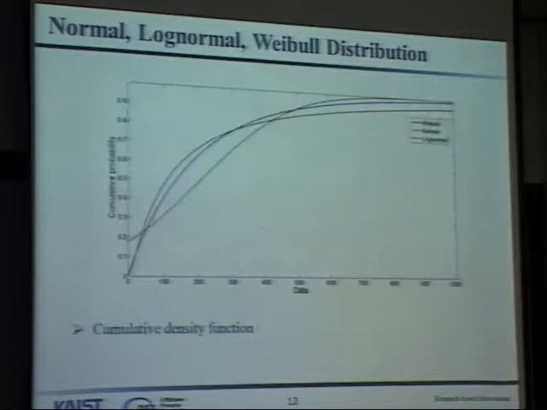And this is the cumulative distribution function, which is equal to large Ft, the probability that it fails within the time interval. So all the distributions finally reach the value of 1.